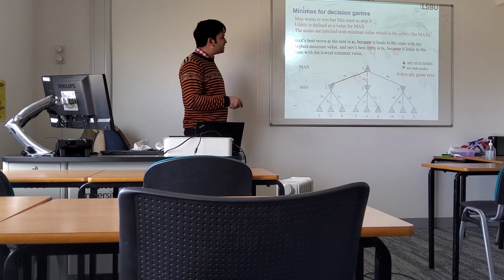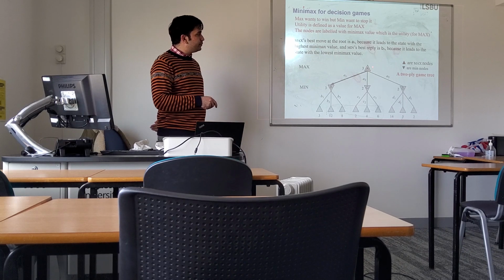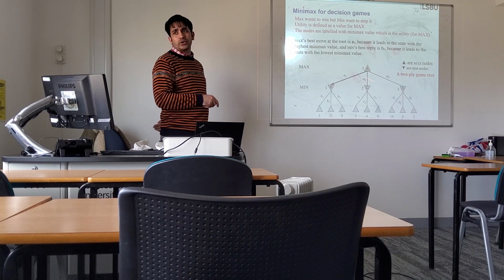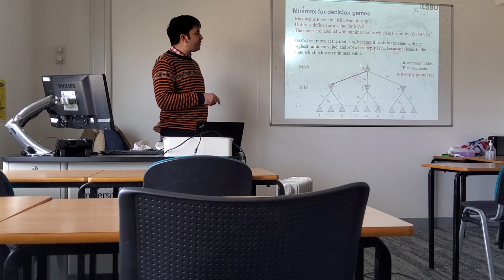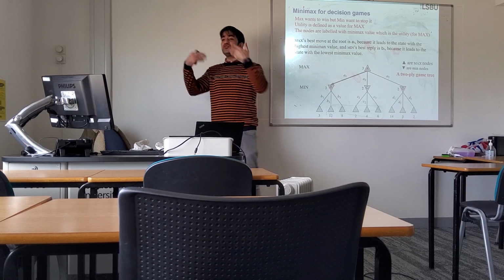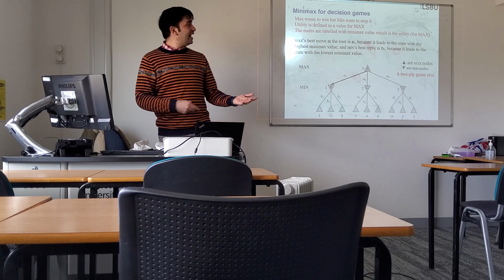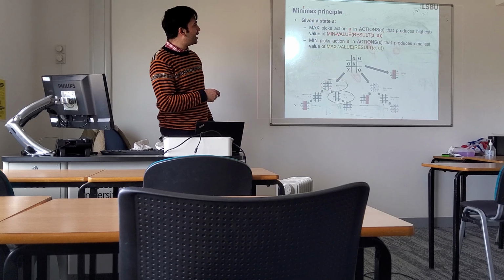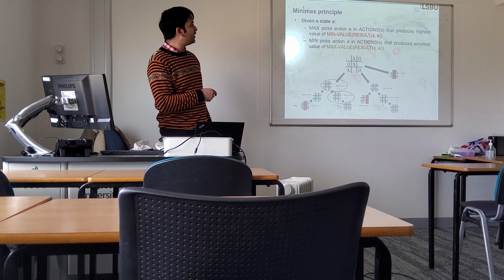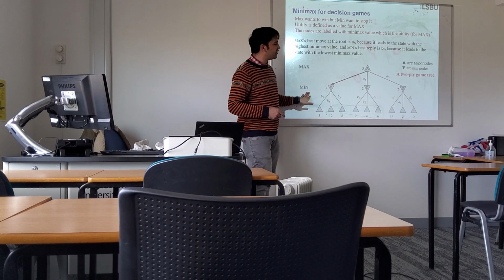So for the player at this location, what can be the best move? Because it is a maximizing player, it will choose to move towards the node which has the maximum value, right? And if you remember, here we said that the max player picks the highest value of the min value. Of the min value means the next move is for the min, right?